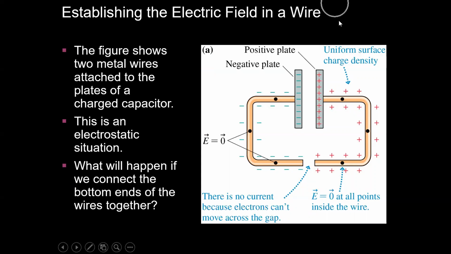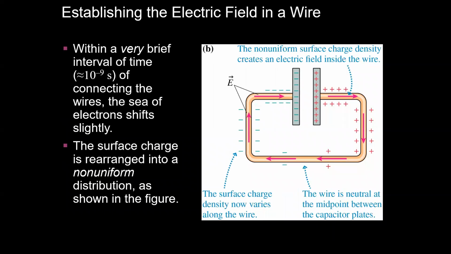But let's return to this picture of discharging a capacitor. What you see on the right-hand side is these two positively charged plates, both connected with their wires. Each of these wires has the same charge as the plates, but the wires aren't in contact. So when you connect them, here's the critical idea for understanding how electric current is formed. Almost instantaneously, within a matter of nanoseconds, what's called a non-uniform surface charge density forms in these two wires.